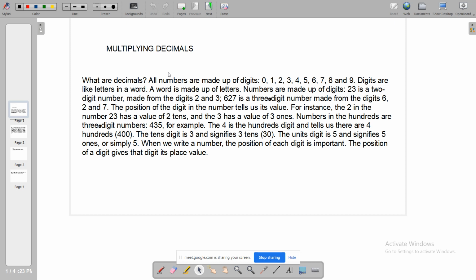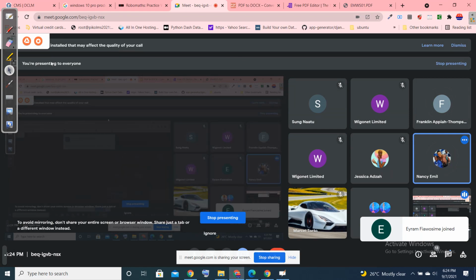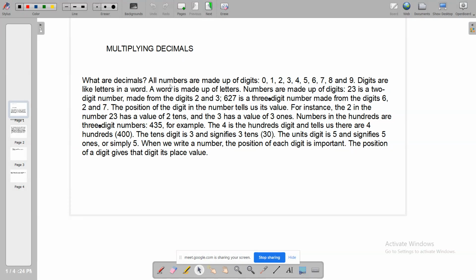So for instance, city is made up of letter C, letter I, letter T, letter Y. In the same way, this number 435 is made up of digit 4, digit 3, digit 5. Do you understand this now?